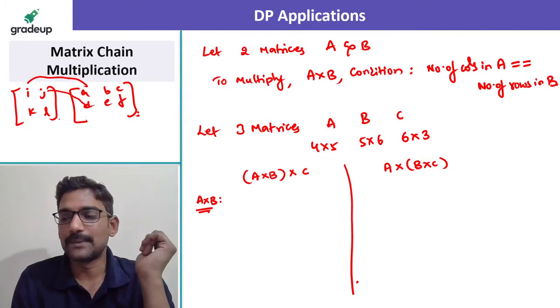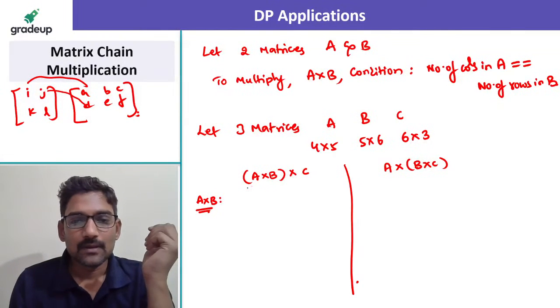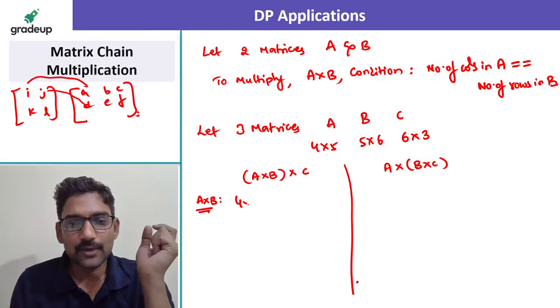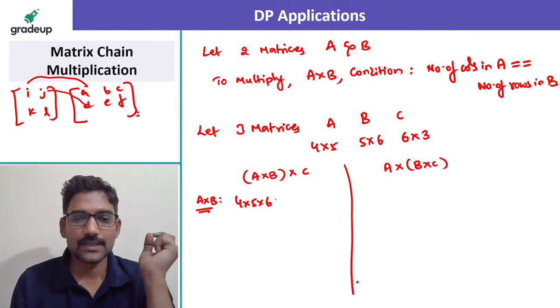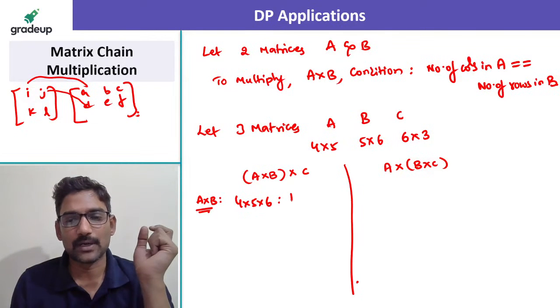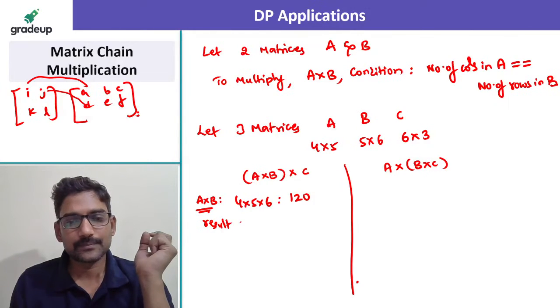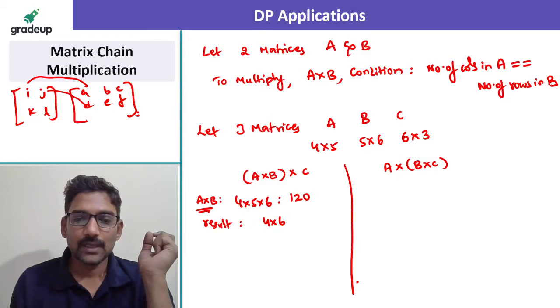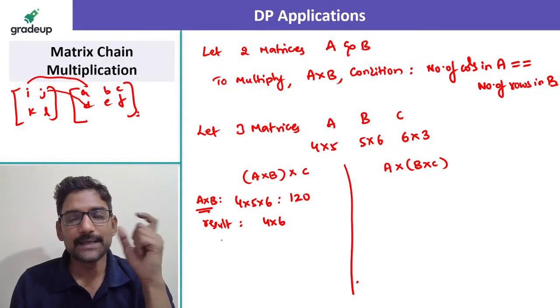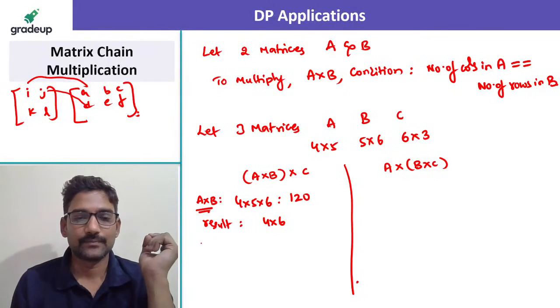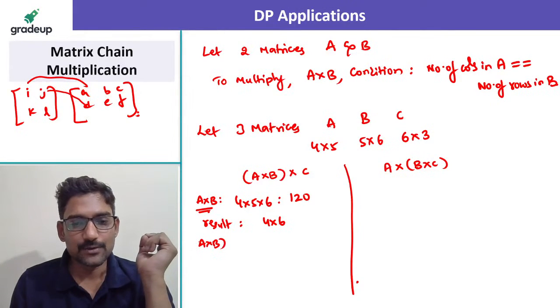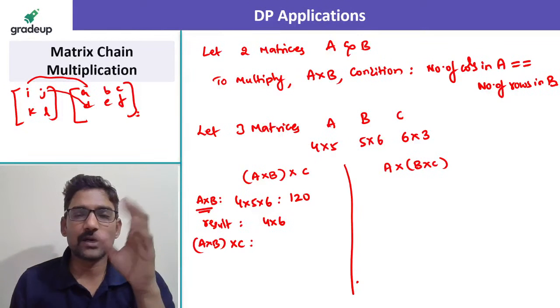Like this, total multiplications for A and B is 4 into 5 into 6. 4 5s are 20, 20 6s are 120. And what is the result order? 4 by 6. This A into B you are multiplying with C. So C order is 6 by 3.